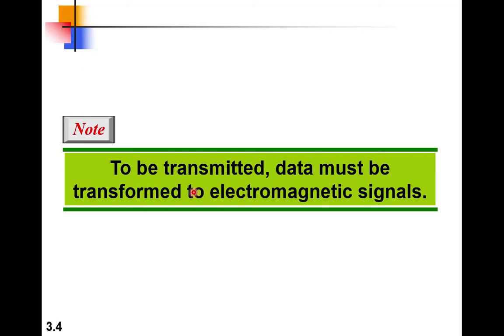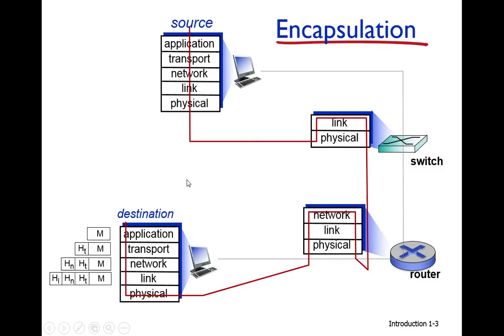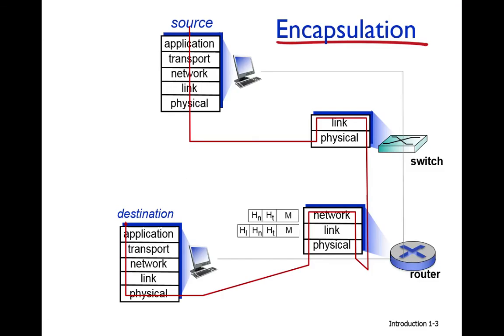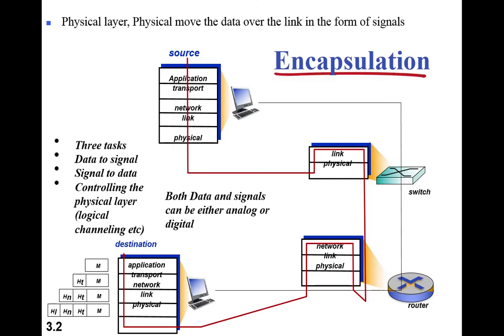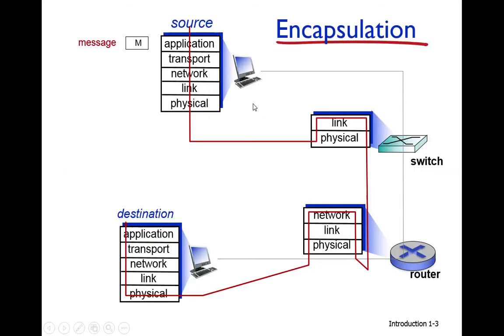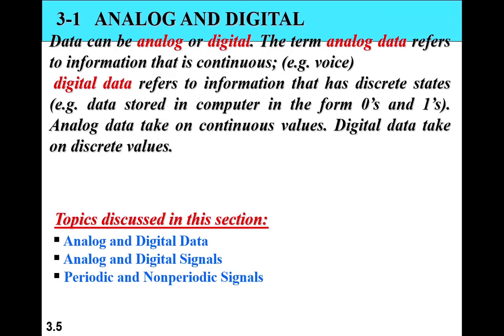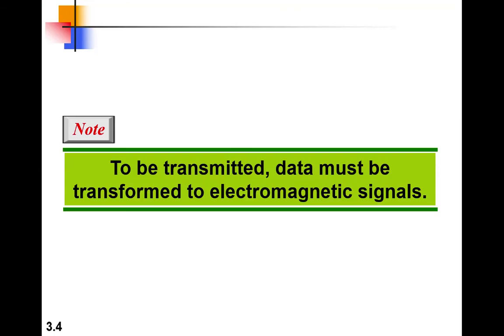We have discussed that the first task of the physical layer is to convert the data into signal at the sending side of the link. To be transmitted over the link, the data must be transformed to electromagnetic signals.